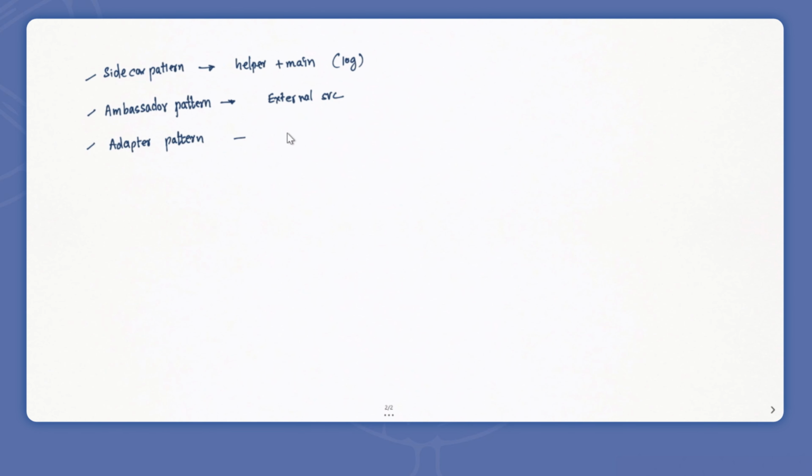Adapter pattern: sometimes things cannot be understood by the main pod, so this adapter container converts that thing and the main container then listens. Like when you buy some phones from China, the charger comes with some other type of adapter, so that it can be converted into our normal Indian type of adapter.